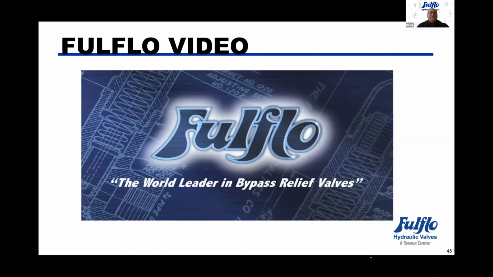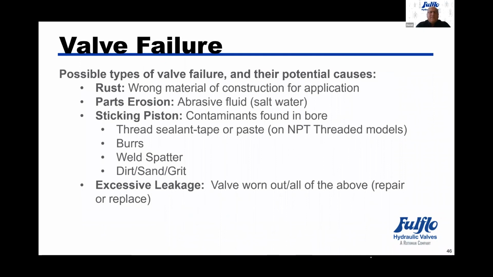So getting into valve failure, why would a valve fail? As the valves are installed in applications, we get into rusting and corroding of some parts. A lot has to do with the wrong material of construction for that application. The cast iron valve is not good for water, where brass and stainless steel are.